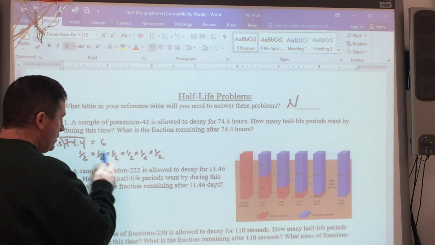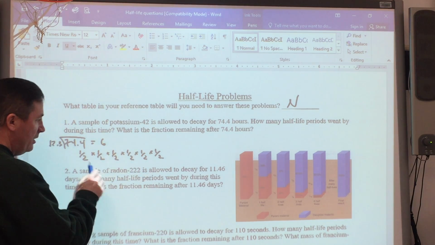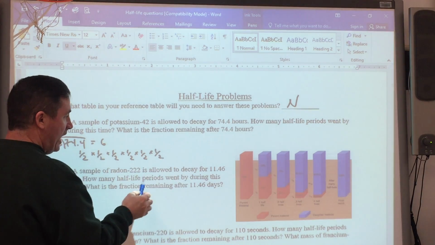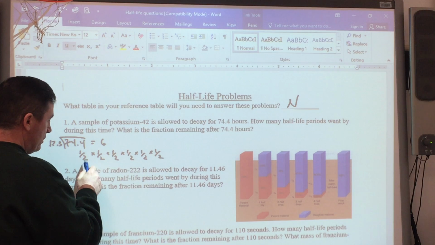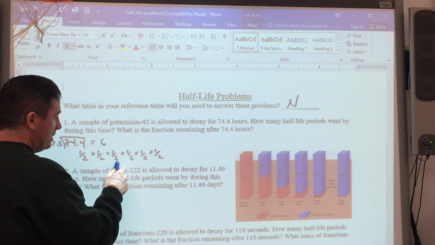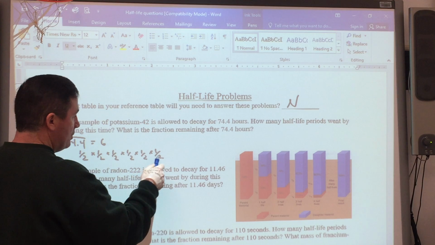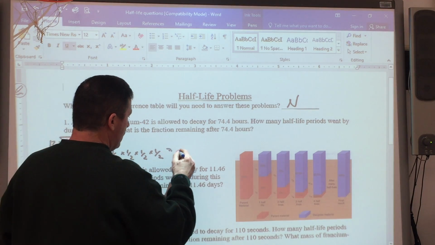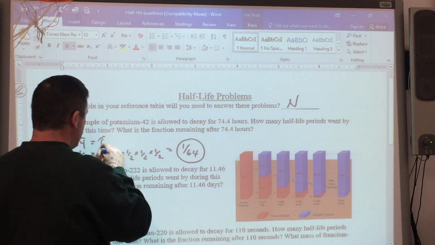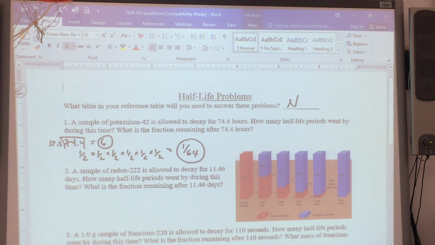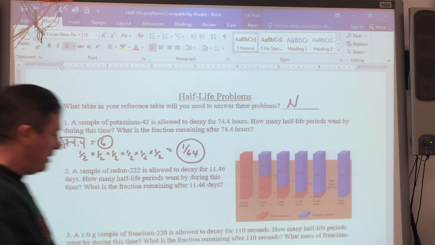Since it gets halved each time, I have to multiply all these. 2 times 2 is 4, times 2 is 8, times 2 is 16, times 2 is 32, times 2 is 64. So what's going to remain is 1/64th of what you started with. So 6 half-lives, 1/64th. Okay, let's try the next one.